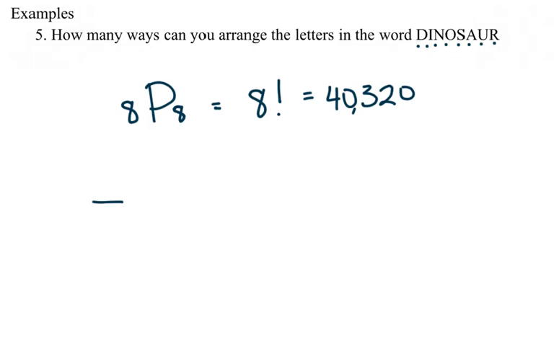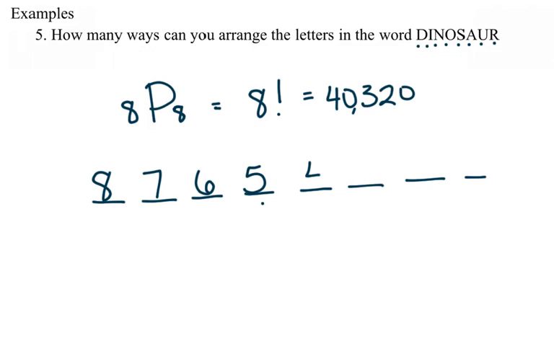Another way to think about this, and sometimes it helps people. Okay, so I have 8 letters. 1, 2, 3, 4, 5, 6, 7, 8. So there are 8 ways I could choose the first letter. But if I've already used the letter D, then the next letter only has 7 options. And if I've already chosen D and I, then the next letter will only have 6 options.